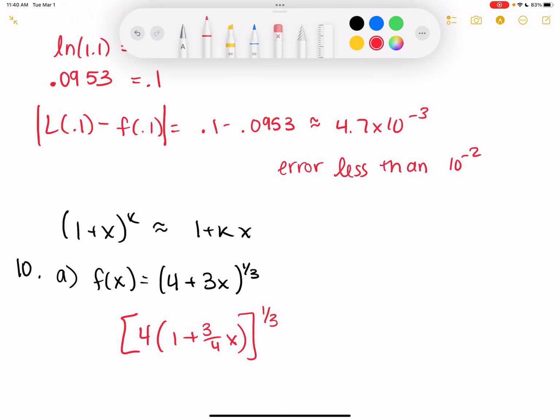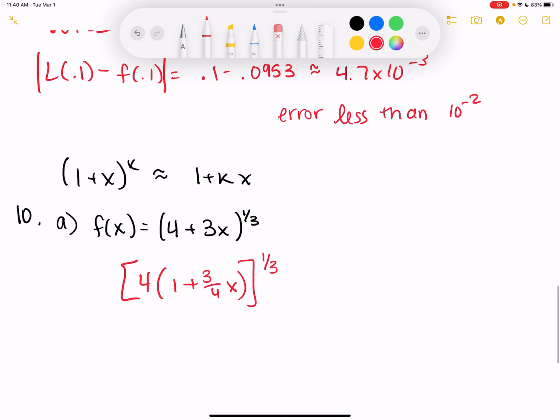Then the 1/3 goes on both pieces, so 4 to the 1/3. I'm just using rules of exponents. And then 1 plus 3/4 x to the 1/3.